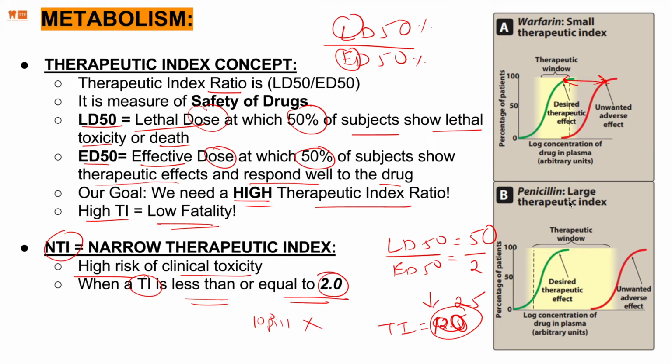However, in penicillin, we have a large therapeutic index, a large therapeutic window as well. Desired effects are here, however, unwanted effects are all the way here. We have a huge window of opportunity here. So if you took twice as much penicillin, then you won't have that much problem. But if you took twice as much warfarin, now we're looking at easily unwanted adverse effects.